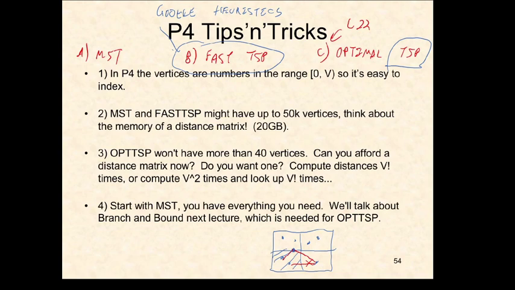So for the MST and fast TSP, for Parts A and B, you've got possibly 50,000 vertices. You can't afford a distance matrix. You just can't. It would be 50,000 times 50,000 times 8 bytes each, which would be a 20 gigabyte distance matrix.